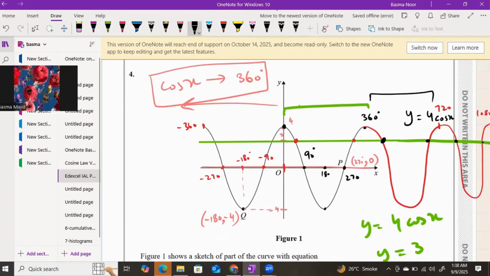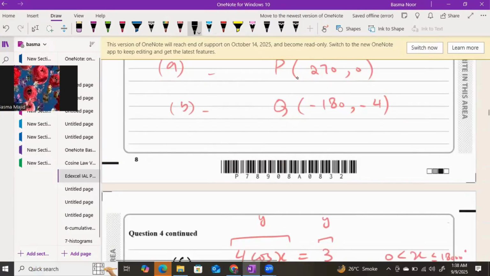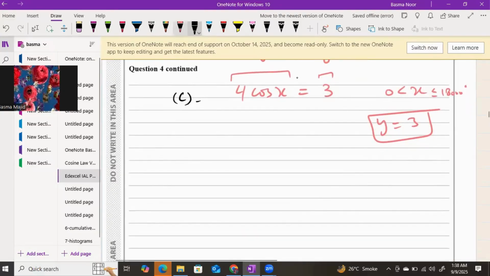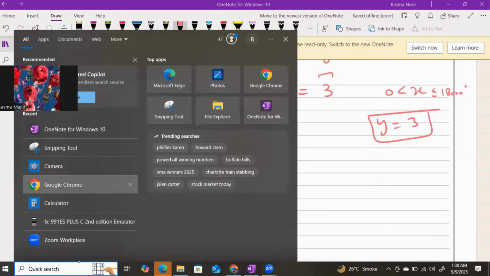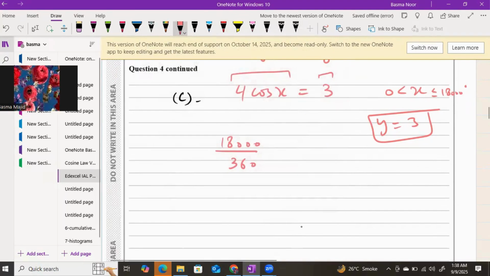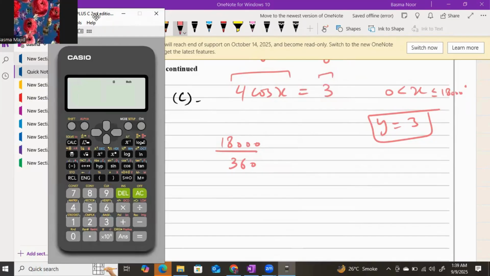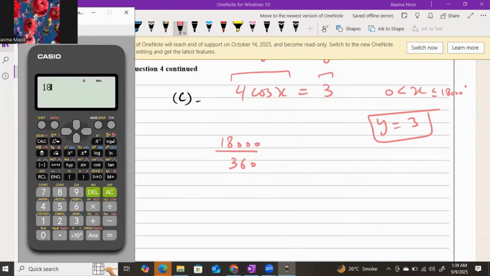First of all, let's find out how many cosine curves we have till 18,000. We will divide 18,000 by 360. That gives us 50.